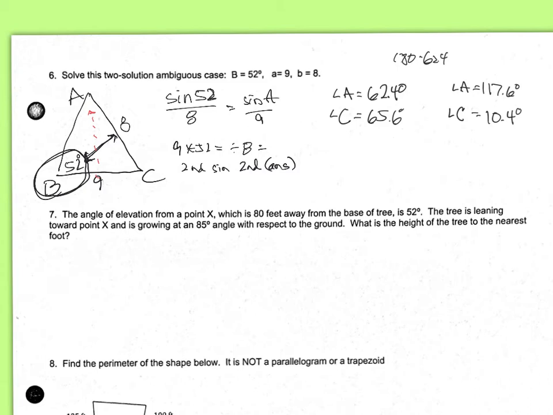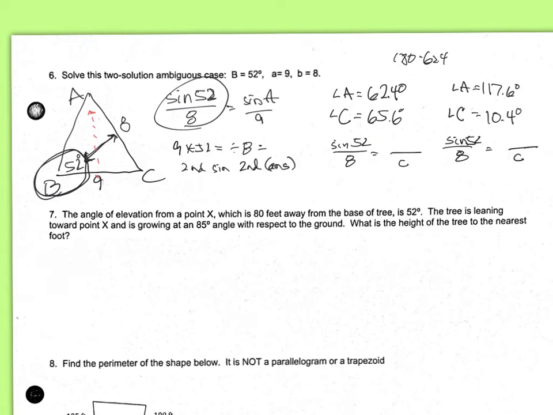So you're going to repeat the process. We're going to use angle C. I'm going to go back to my original setup because I know those numbers are correct. So I have the sine of 52 over 8. I have to find C. Sine 52 over 8, and I'm going to have a different value for C here.